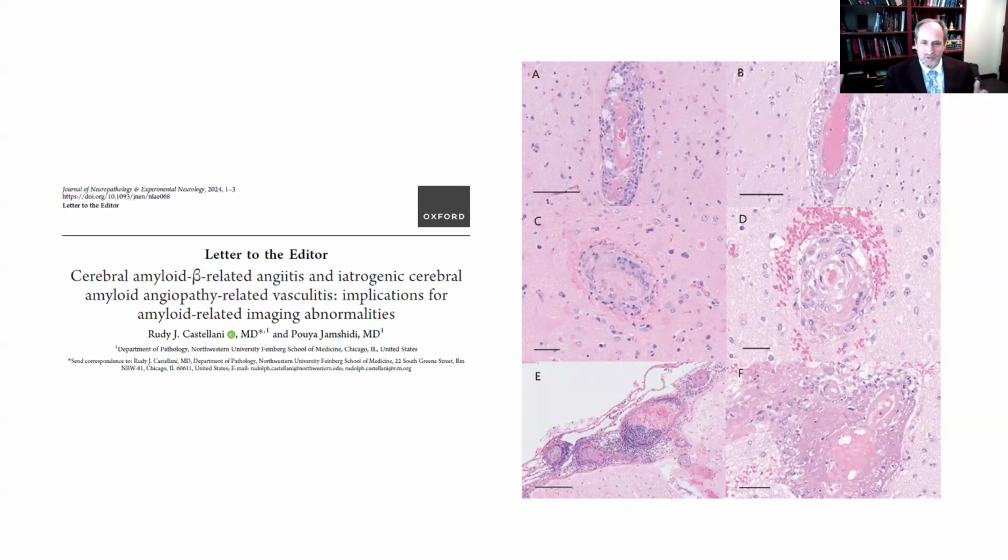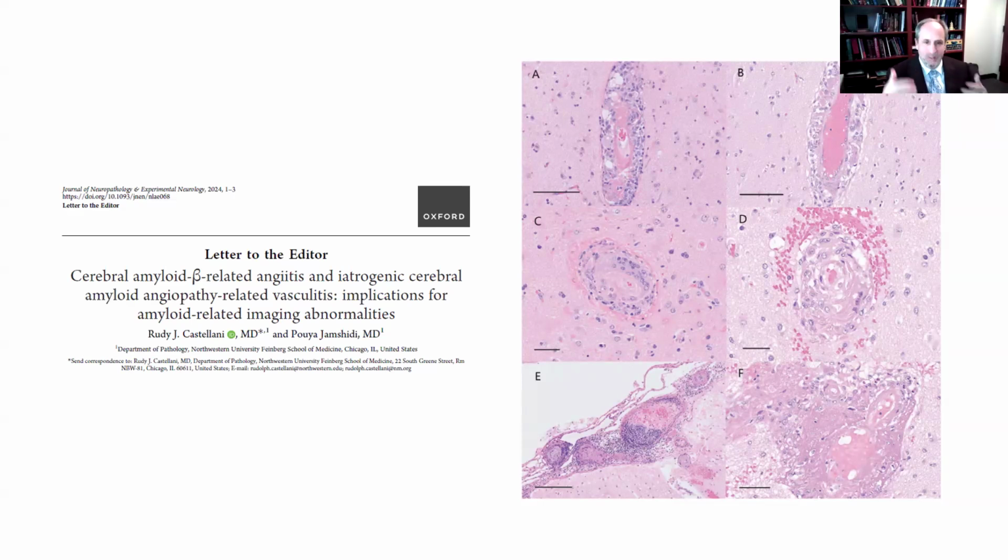Although there seemed to be marginal differences in the sense that our case was a little bit more necrotizing, and the CAA related endogenous angiitis case had a few more mononuclear lymphocytic infiltrates. We did not see many lymphocytes at all in our case. It seemed to be primarily a microglia, macrophage, histiocytic immune response.